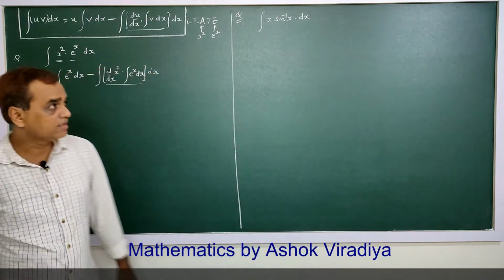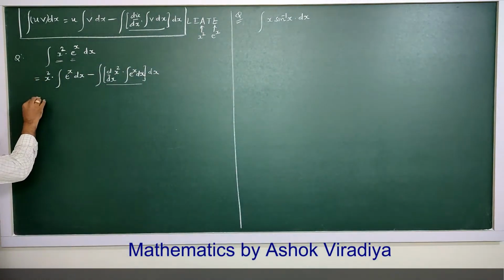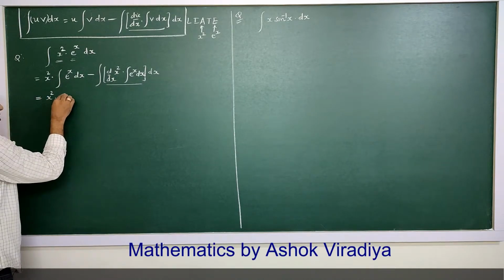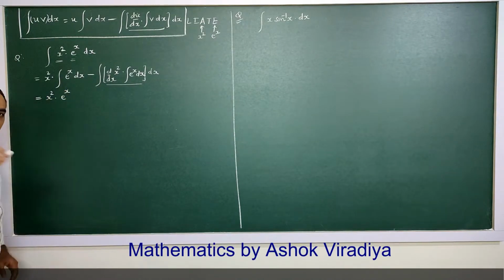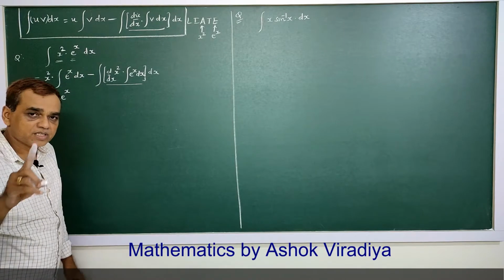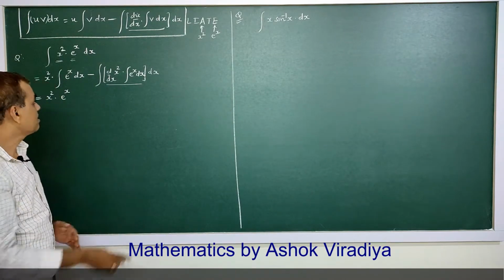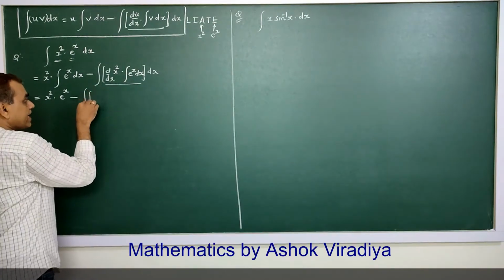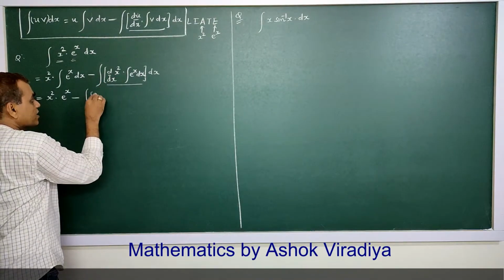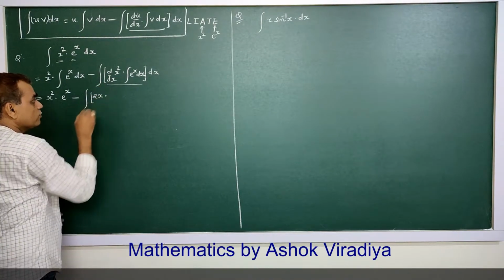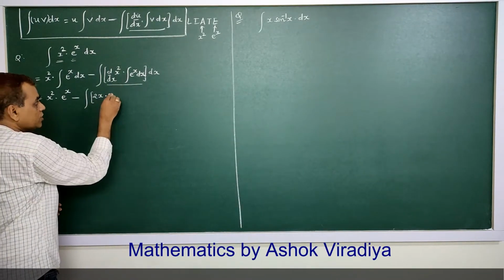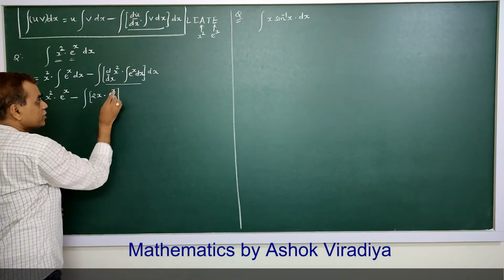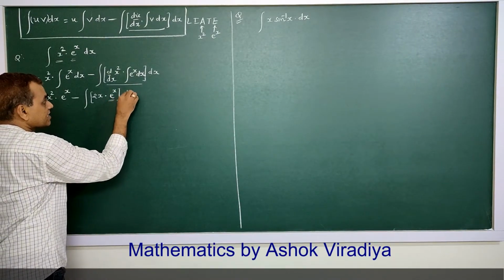Then it is equal to x square into integral of e raised to x, which is e raised to x. Don't keep plus c; plus c we shall keep at the last. Minus integral of, now in the bracket, derivative of x square is 2x into integral of e raised to x, which is e raised to x, dx.